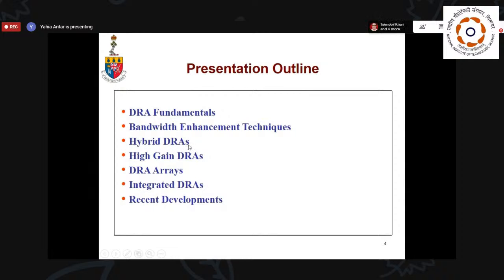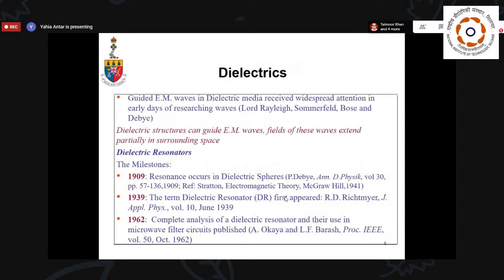Can you use DRE with antennas or other antennas to achieve some performance that you cannot achieve with either alone? I'm sure you have seen some of the arrays and some of what I call recent development, may not be as recent as when I prepared that, but I will touch on some of that.